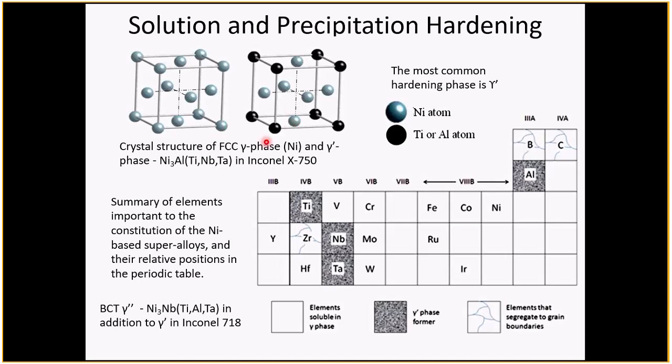So it's hard for dislocations to pass through this compared to this. It's as simple as that. We're talking about slip on the 111 plane here, and the slip direction is 110.